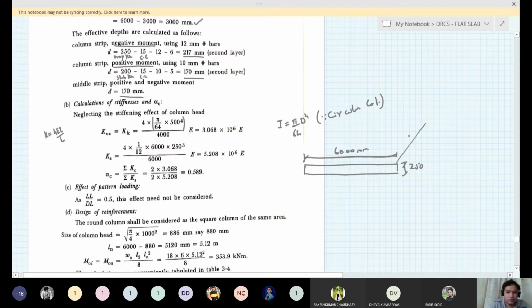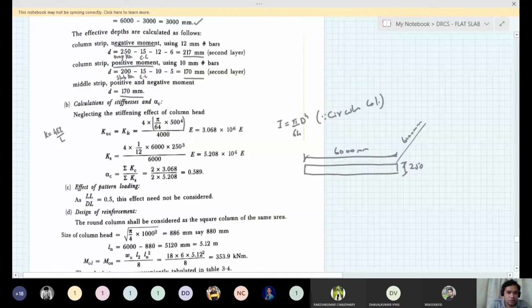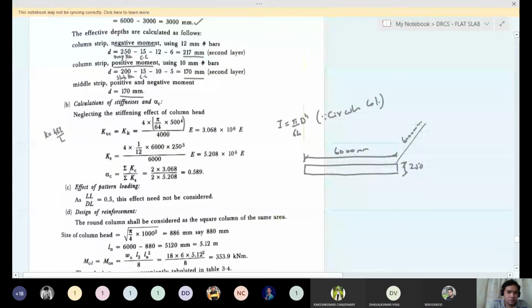So that is why this 6. So you will get the stiffness of the slab from this formula. Both are in terms of E. We are not putting the value of E here. Then the ratio of stiffness of the column to stiffness of the slab is 0.589. Okay, the alpha C value is 0.589.